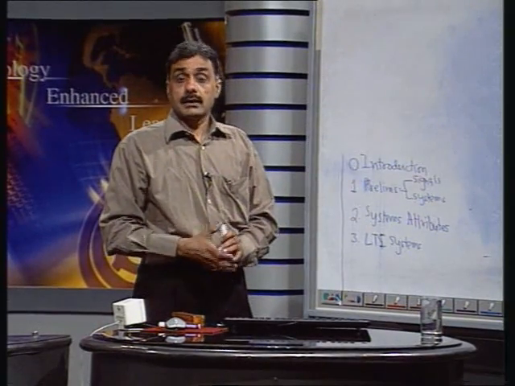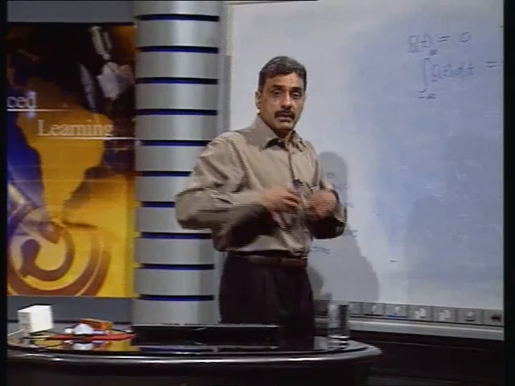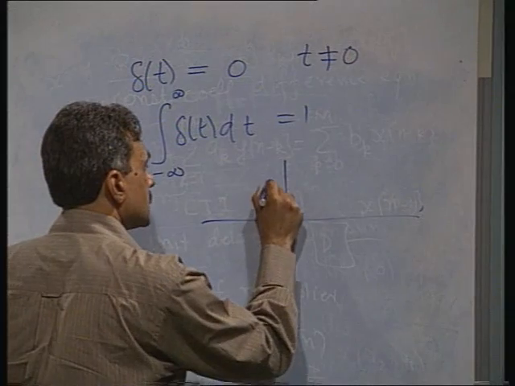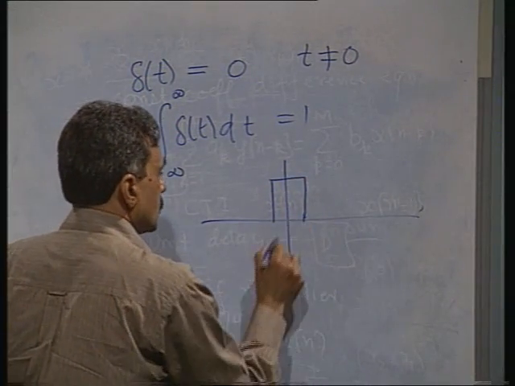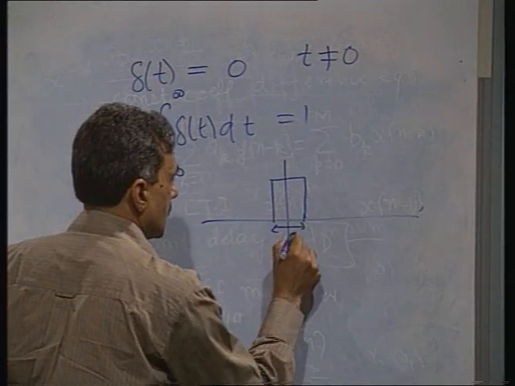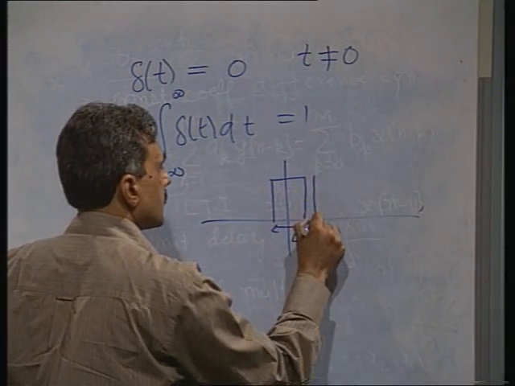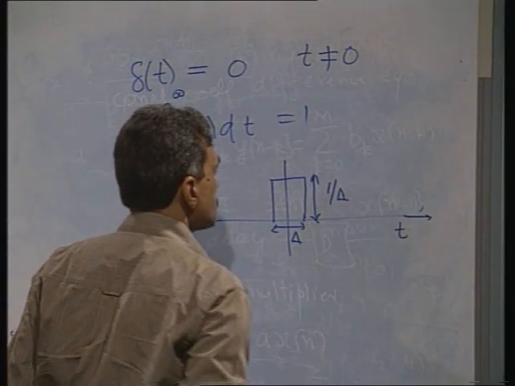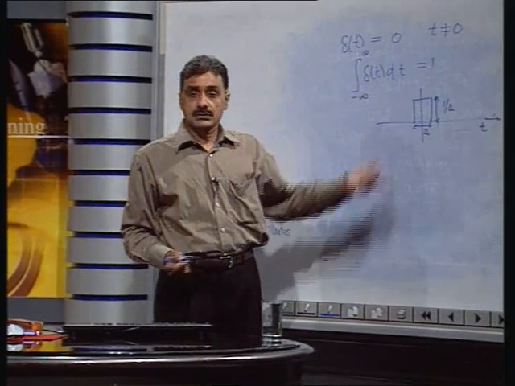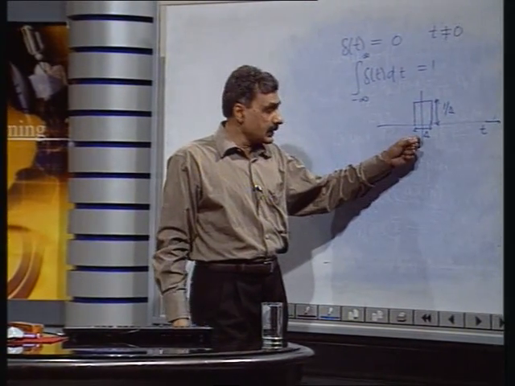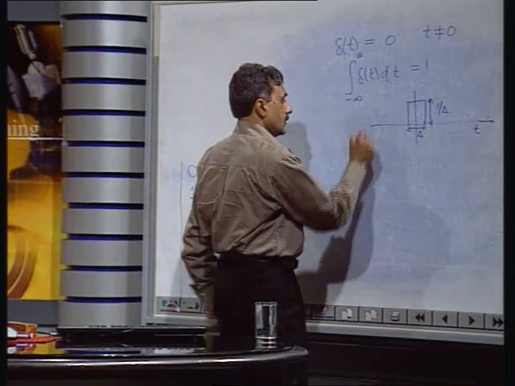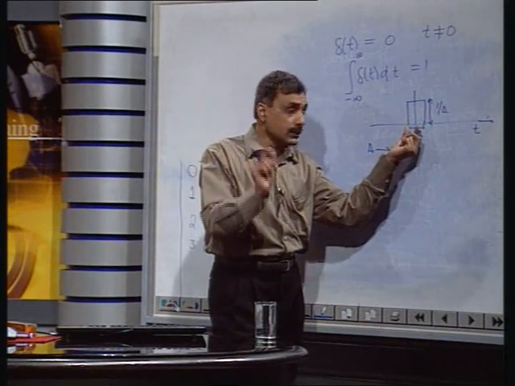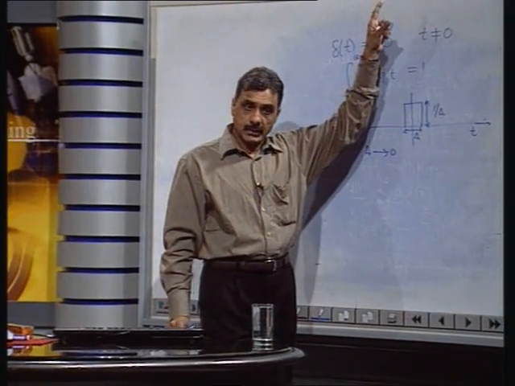Another sequence of signals which will behave as a delta function is something like this. I have a pulse whose width is delta and whose height is 1 by delta as a function of t. Obviously the area under this is 1, and if I make delta approach 0, the pulse is going to shrink, but 1 by delta is going to go to infinity.